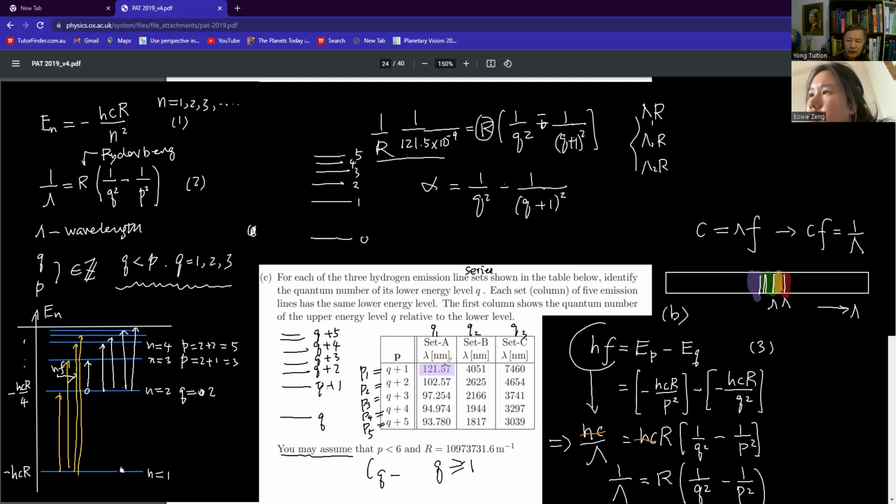Can we pick up these three, lambda 1, 2, 3? Yeah, this is not an integer.